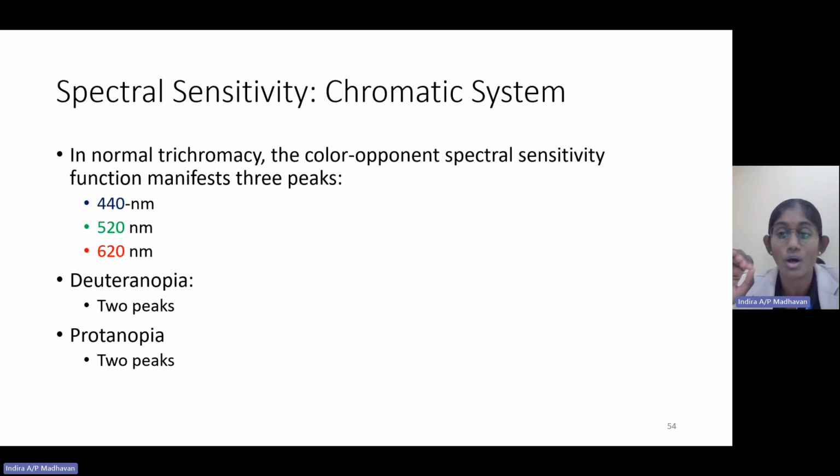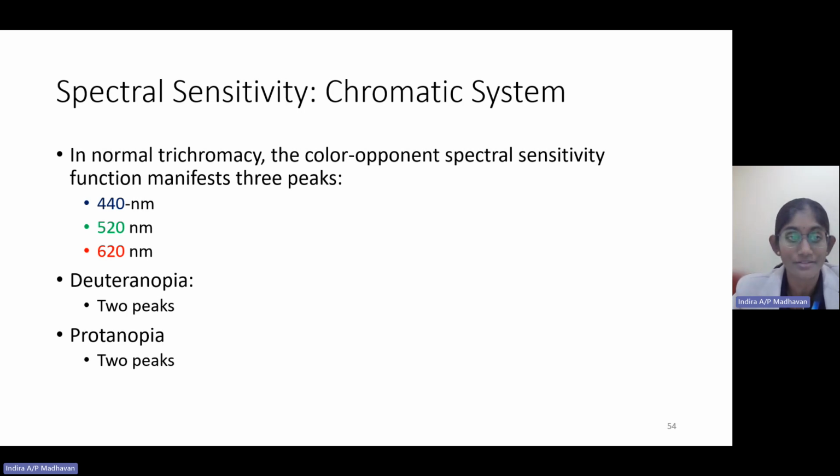So this is what normals will see. But patients who have deuteranopia or protanopia, as I mentioned earlier, only have 2 types of cones. The other type of cone does not exist in them, so they won't have the third cone peak that the normal one has.